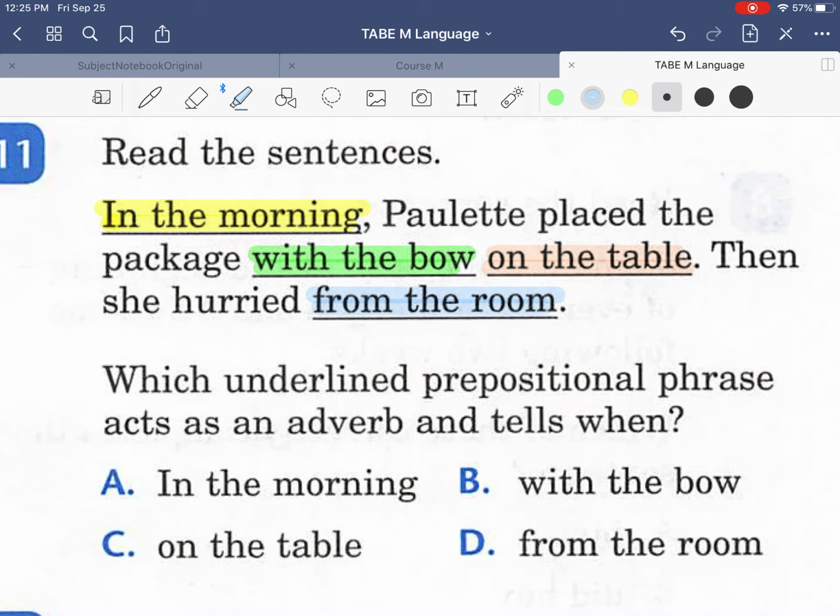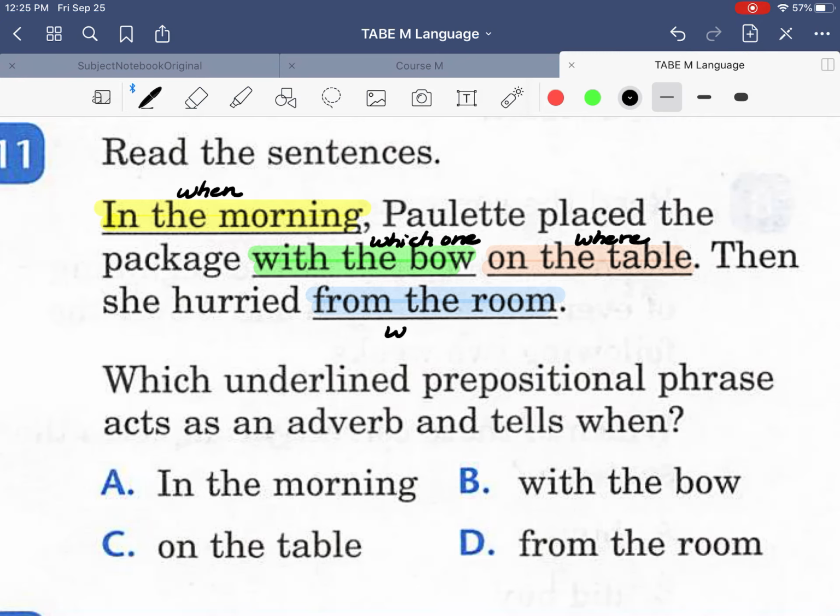Which of them acts as an adverb and tells when? In the morning is a when. With the bow is telling me which package. On the table is a where.